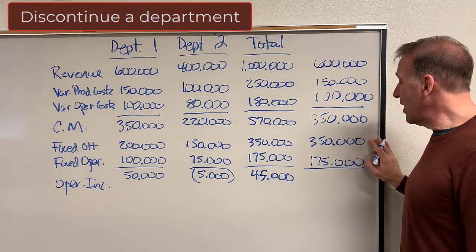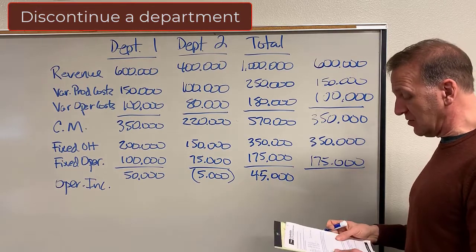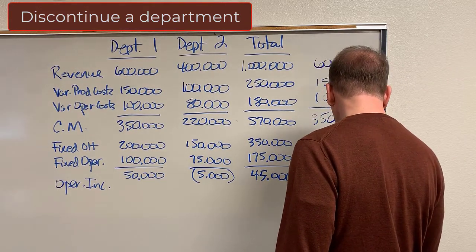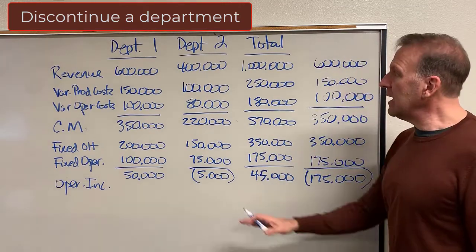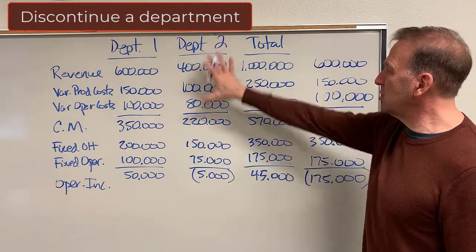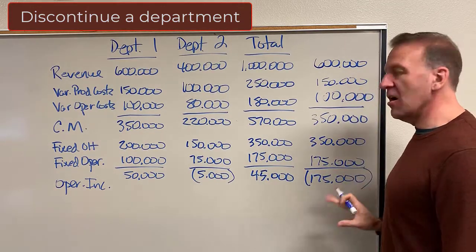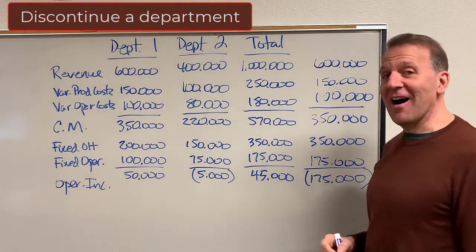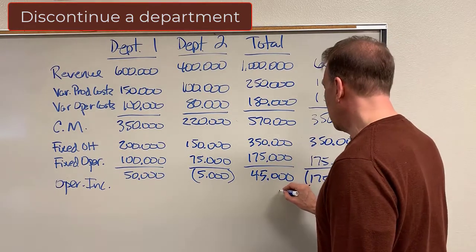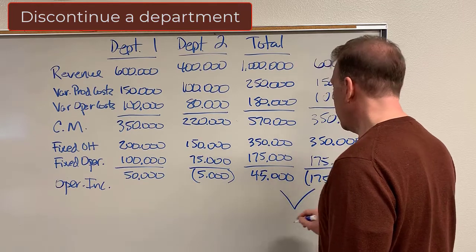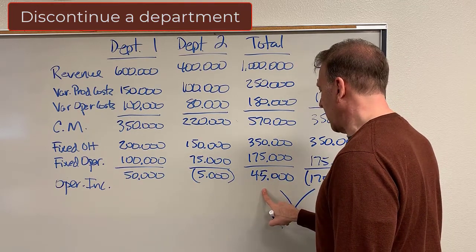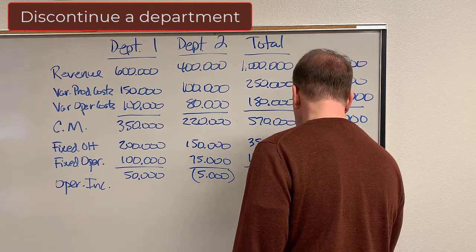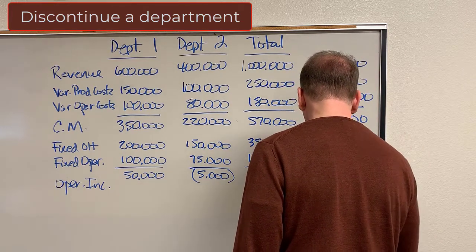So now we have $350,000 of contribution margin. We subtract out $350,000 and the $175,000. So obviously that gets us a loss of $175,000. If we eliminate Department 2, this will be our new operating loss, $175,000. Now notice, the difference between a positive $45,000 and a negative $175,000 is $220,000.